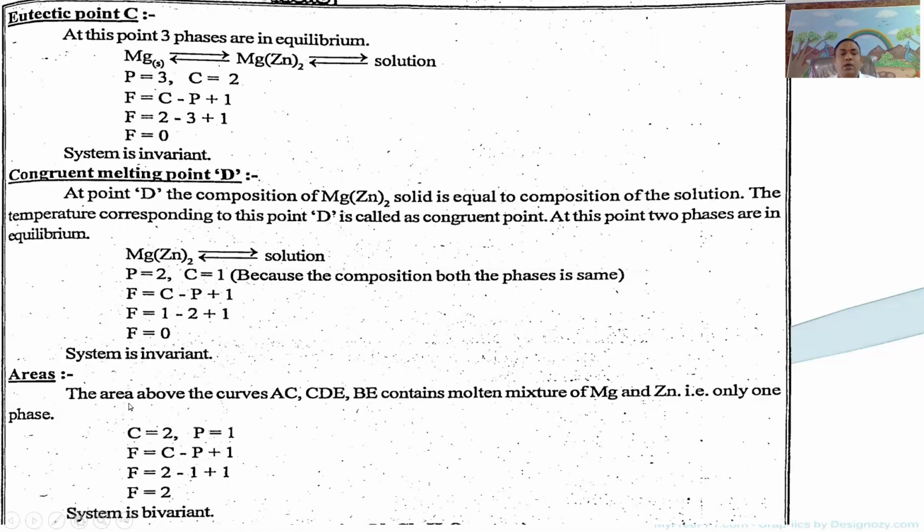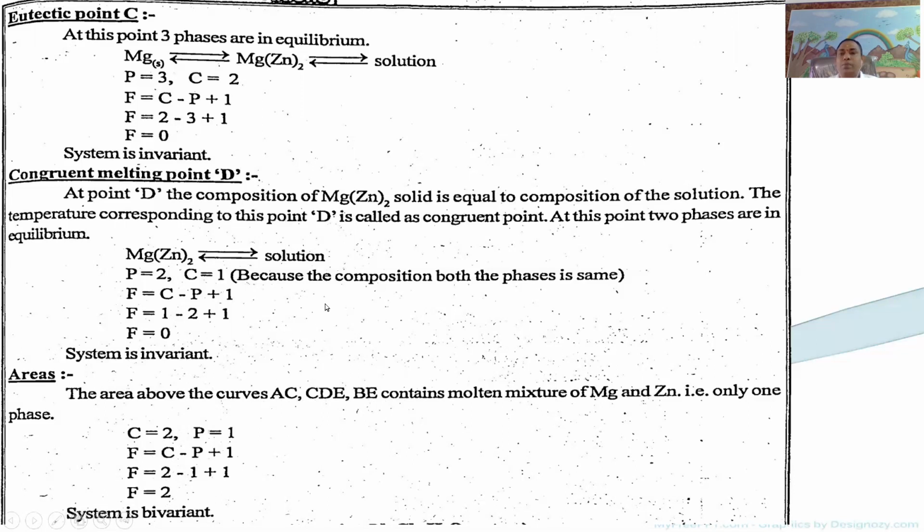Areas. The areas above the curves AC, CDE, BE contain molten mixture of magnesium and zinc. That is, only one phase is present. The number of degrees of freedom required to explain the areas based on the reduced phase rule is F equals C minus P plus 1, F equals 2 minus 1 plus 1, F equals 2.